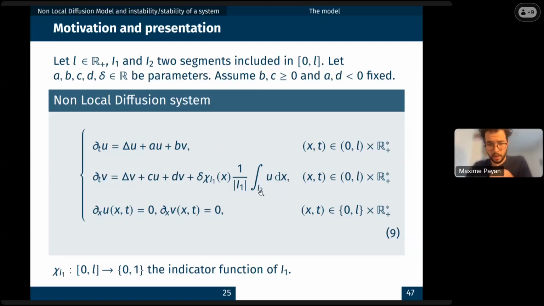I1 and I2 are two segments of the segment 0L, and it means that we take the mean of the species U in a part of the environment, and we bring it to the location I1 for V. It's a kind of non-local diffusion, that's why.